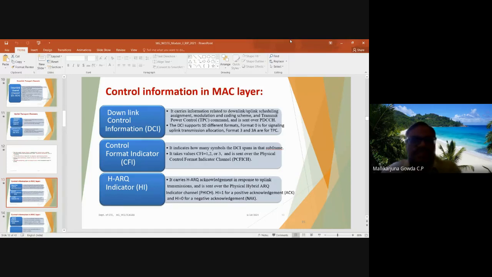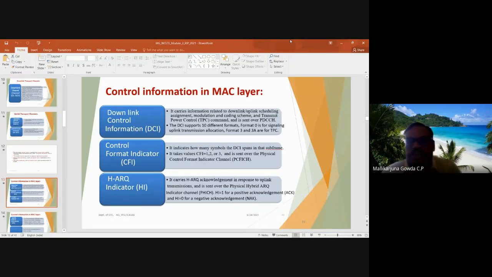And this DCI supports 10 different formats. Now you should be able to visualize DCI 0 to DCI 9, or DCI 1 to DCI 10. So it supports 10 different formats. I have a table, I will discuss that.